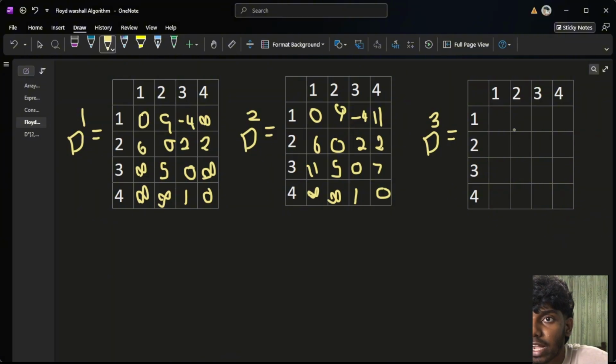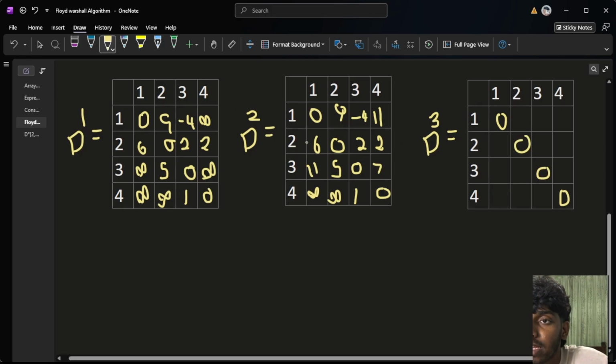The diagonal elements would be zeros, and the corresponding row and column from D2 we write as they are. So this row and this column.